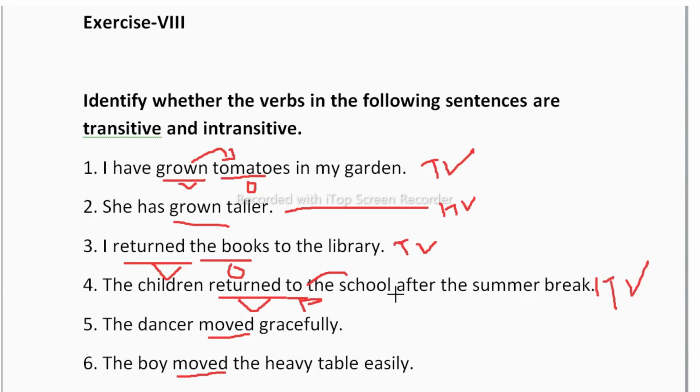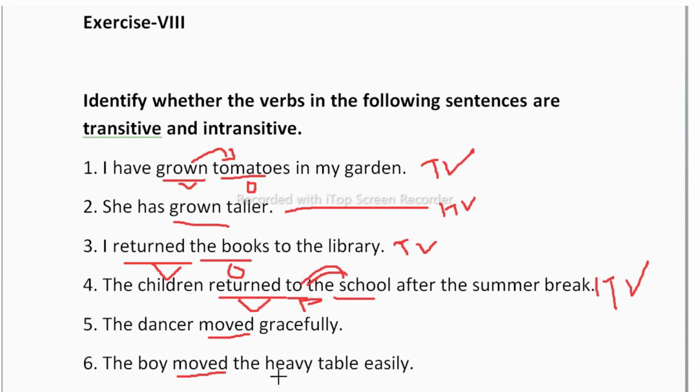If we want to change it into passive, you can't say the school was returned by the children, right? So this is an intransitive sentence because we cannot change this into passive voice, because after this verb we need object directly, not preposition. This school is the object of this preposition, not of the verb.